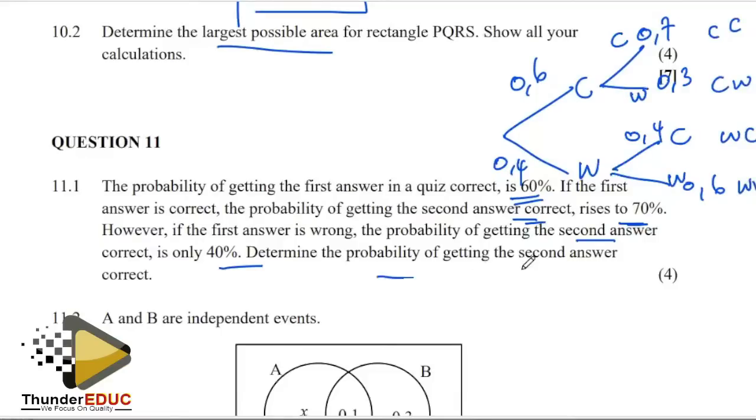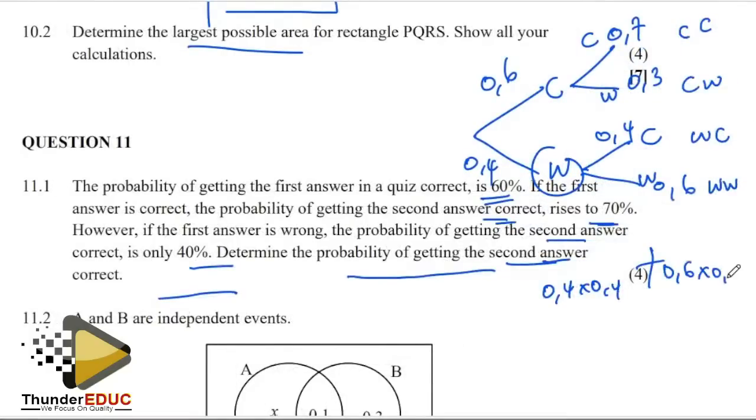Then they want the probability of getting the second answer correct. They are not being specific whether the first answer is correct or wrong, but the second answer has to be correct. So it's possible for you to get the first answer wrong and then the second answer correct. So that's 0.4 times 0.4 plus first answer correct and second correct, so 0.6 times 0.7. Multiply that.